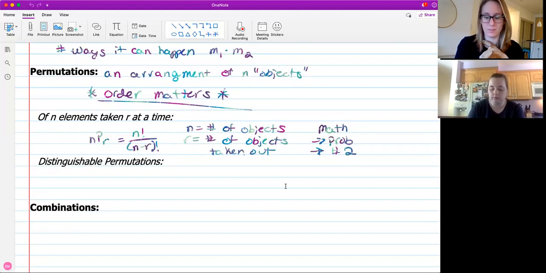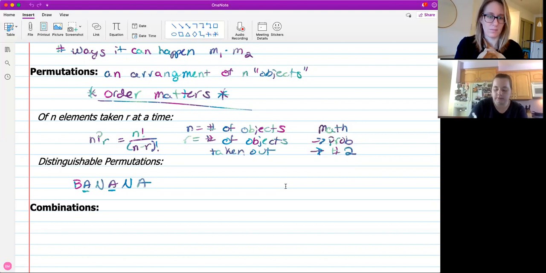And then we have distinguishable permutations. This was used when we had words and we wanted to know how many distinguishable ways we could rearrange the words. Things like banana, because remember, if you switch this A and this A, it would still say banana.